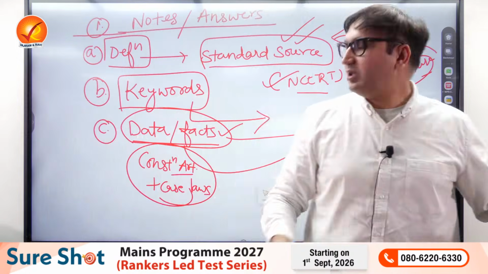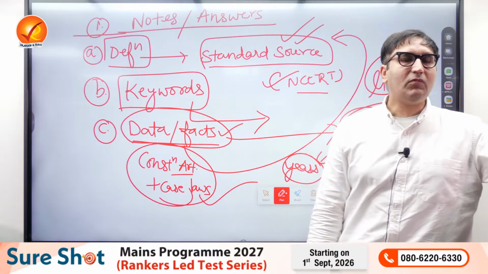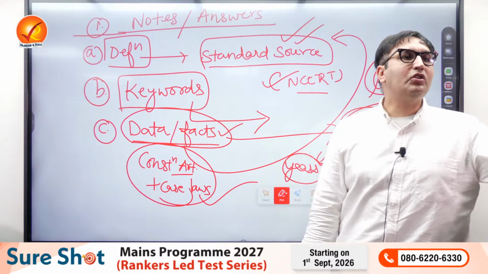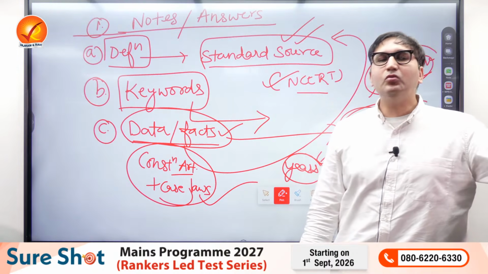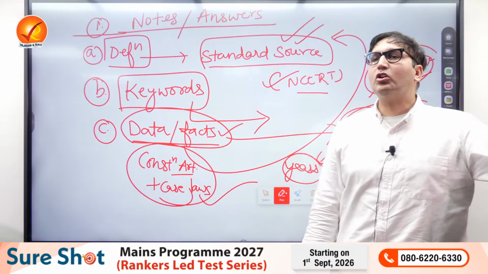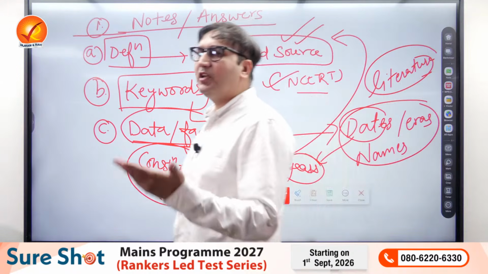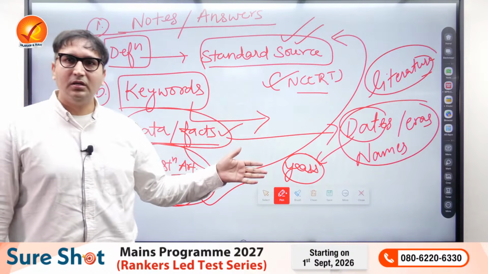They are telling you in the statement of the question itself that you should know the case laws. If you are writing about right to environment or right to clean air, you should be able to quote cases like MC Mehta. If you are talking about right to privacy, you should know Puttaswamy.